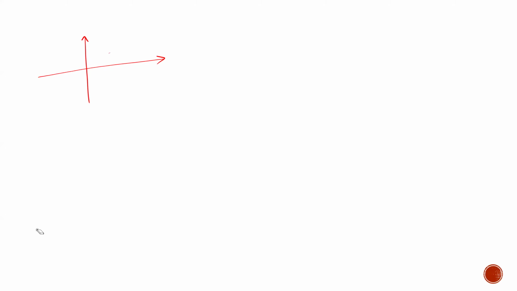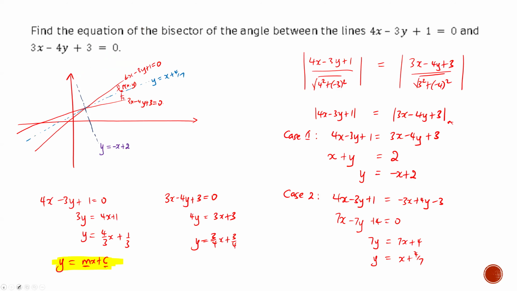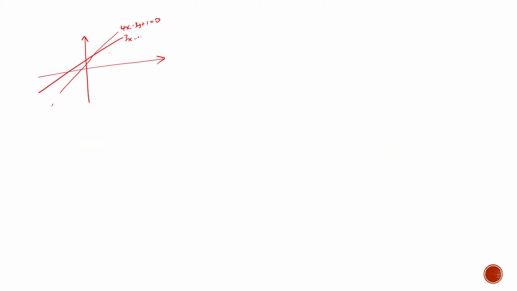The line doesn't go through the origin. Okay, I think those are the lines now. So this was 4x minus 3y plus 1 is equal to 0. And then 3x minus 4y plus 3 is equal to 0.